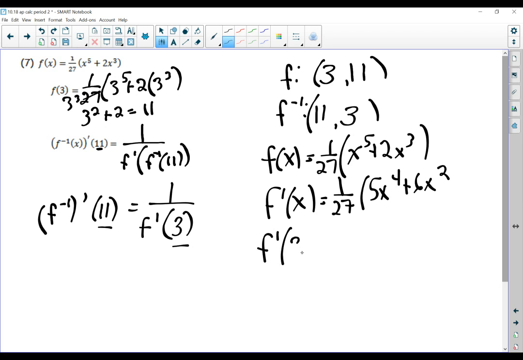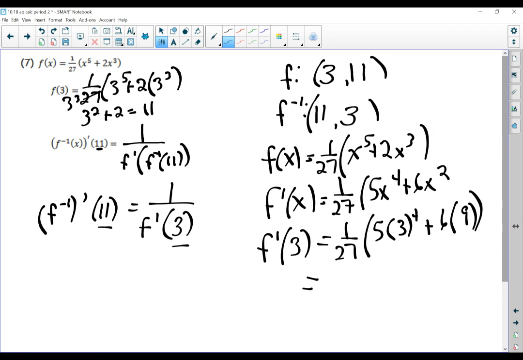If I plug in 3 and work that out, I'm going to end up getting 17. So my slope would be 1/17. Technically, what I should have done is set this function equal to 11 and solved it, but I'm not trying to solve that equation either.